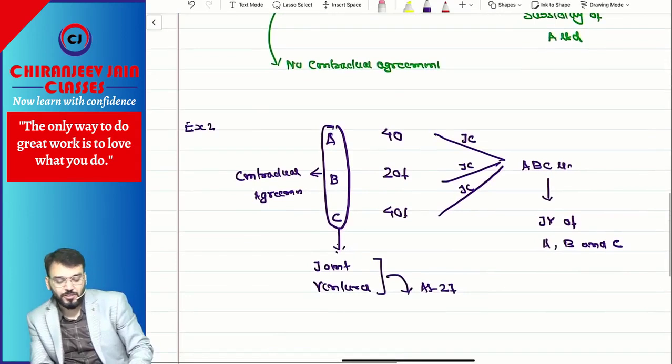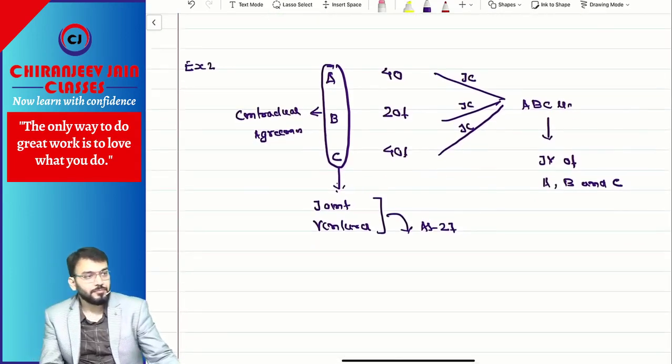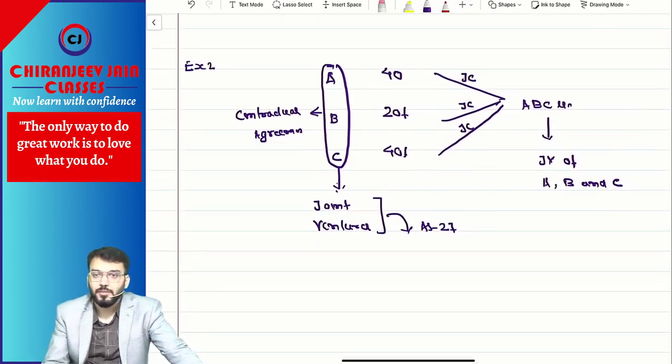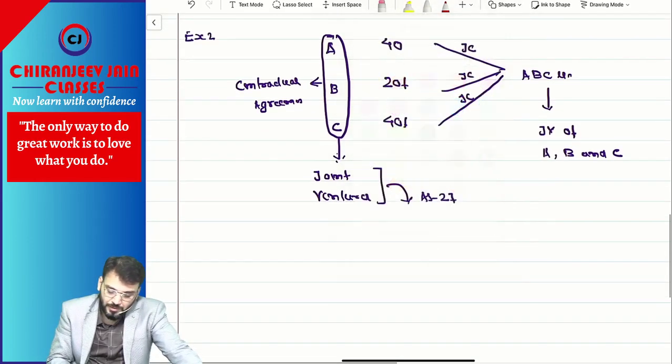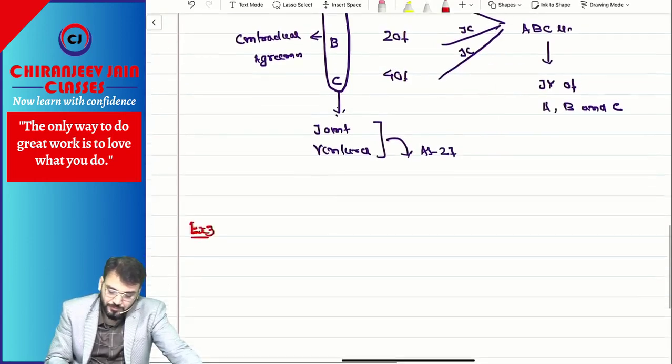Are you able to understand? Have you understood this? Can we proceed? But one doubt will come. Example number 3.